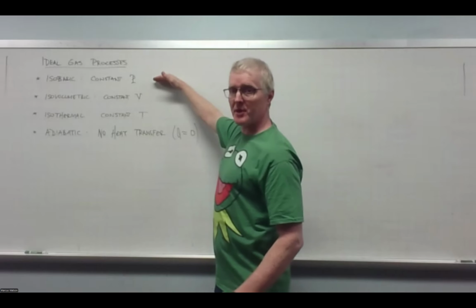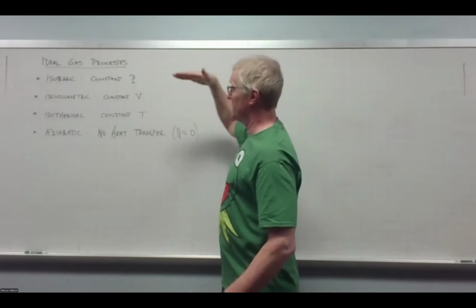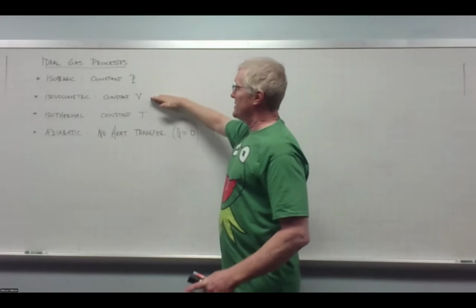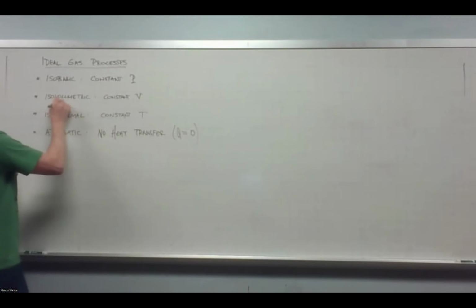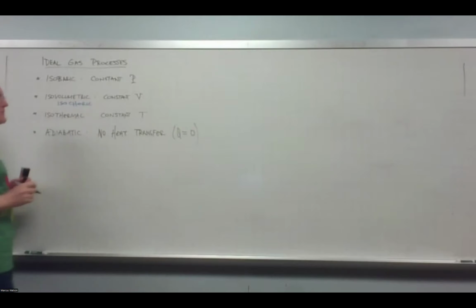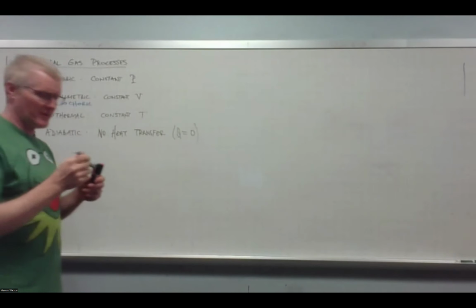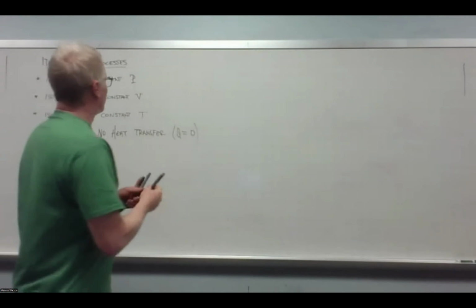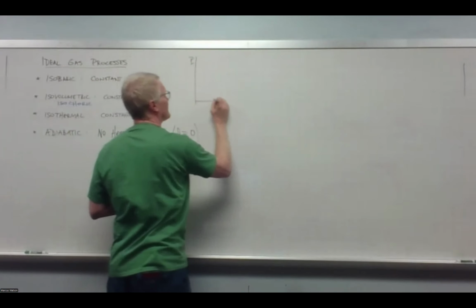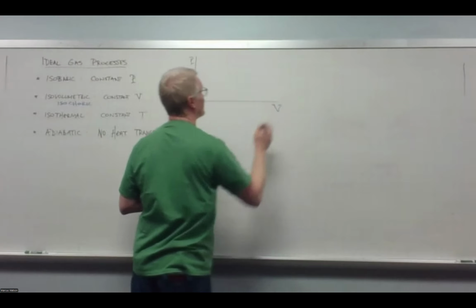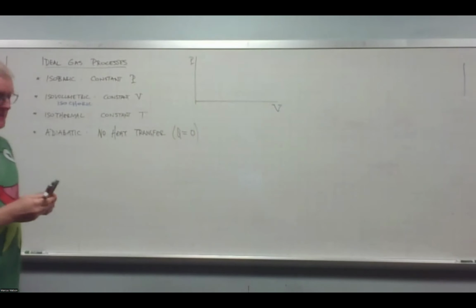At constant pressure, this is a horizontal straight line. We did the isovolumetric, or the newfangled term for this is isochoric. So we have a PV diagram that looks maybe like this.